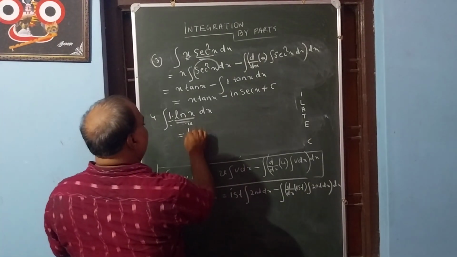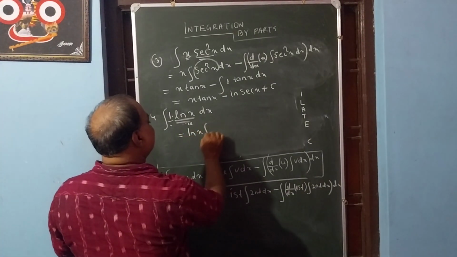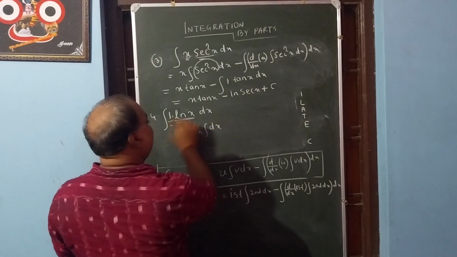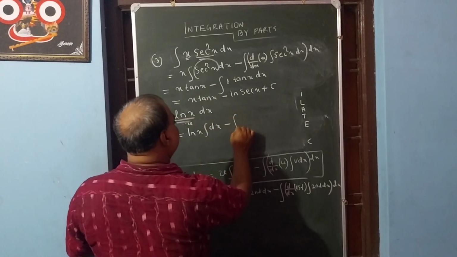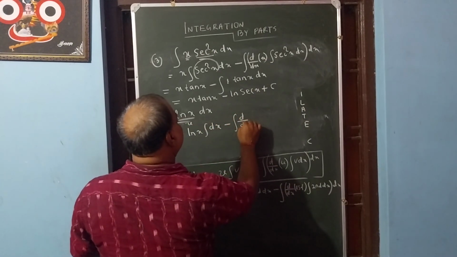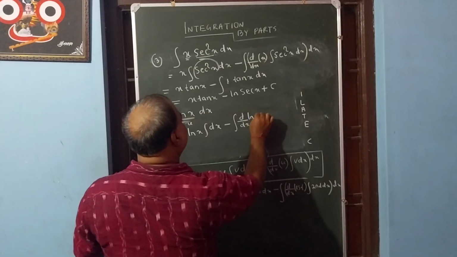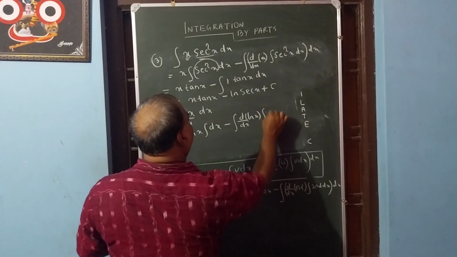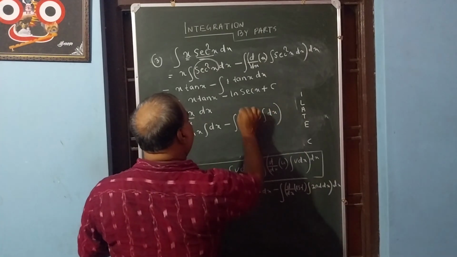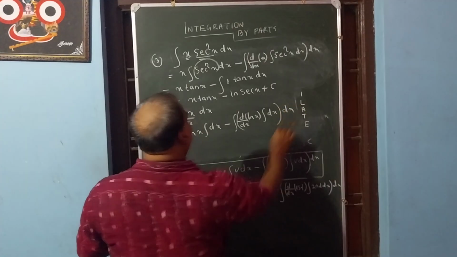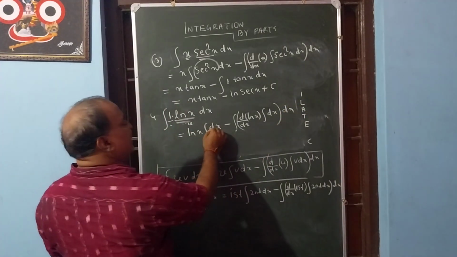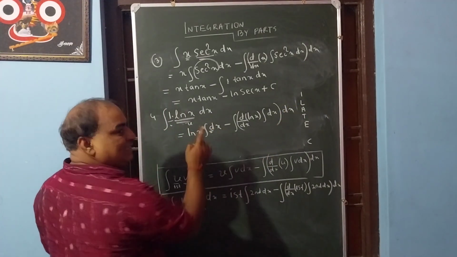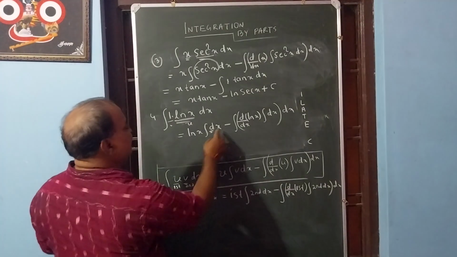First, ln x integration of dx, 1 means dx, minus integration of derivative of ln x, integration of dx, whole into dx. We know that the integration and derivative of dx neutralize each other, that is x.